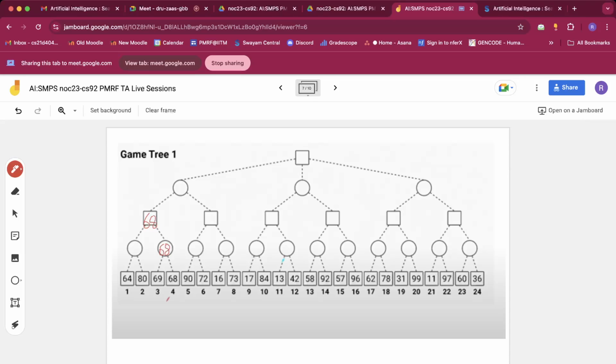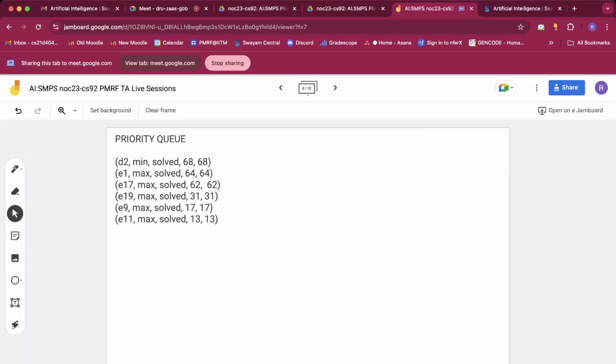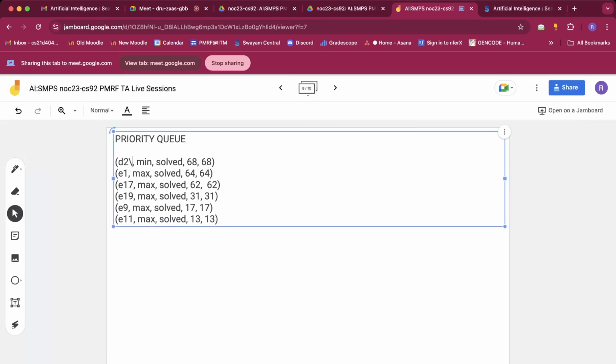Next, we will try to follow a similar manner to what we just saw till now. So let's change our priority queue to reflect our changes. We can say that C1, which is a max node, has been solved.